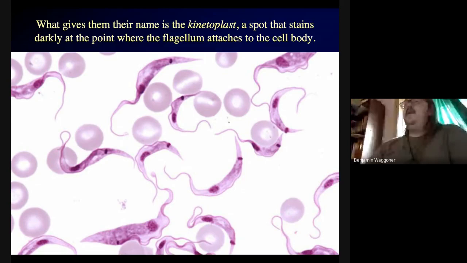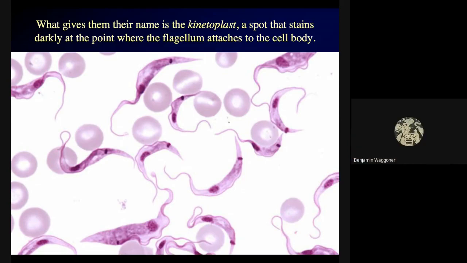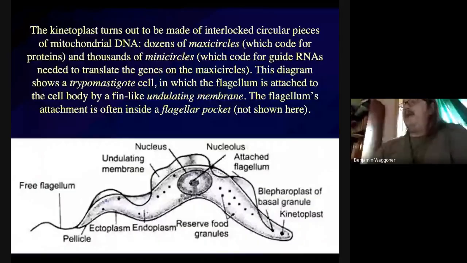There's a diagram of what trypanosoma looks like. The flagellum emerges towards the right, and you can see it's labeled attached flagellum, and it extends to the left, and it's tethered to the rest of the cell by the undulating membrane.